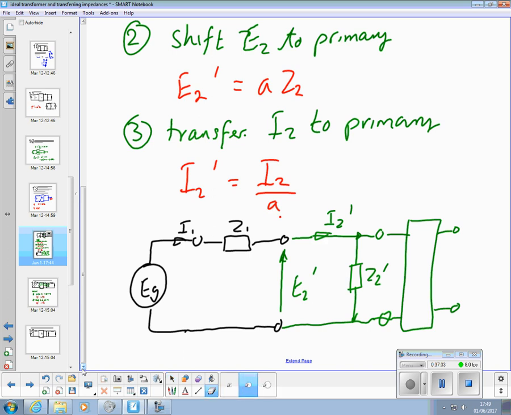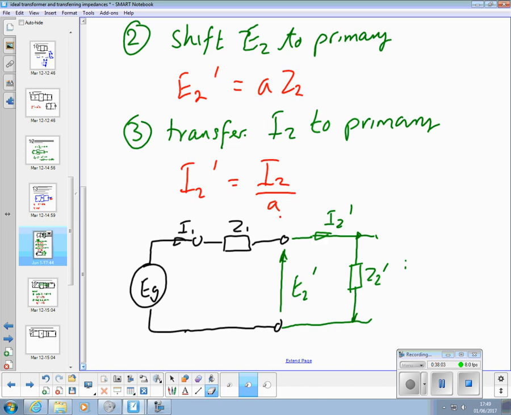Essentially, now, that transformer, in terms of analysis, doesn't even need to be there. If we've got values for some of these components, if we knew the value of the generator voltage and the two resistors, we're going to do an example in a minute, we could calculate the current flowing.